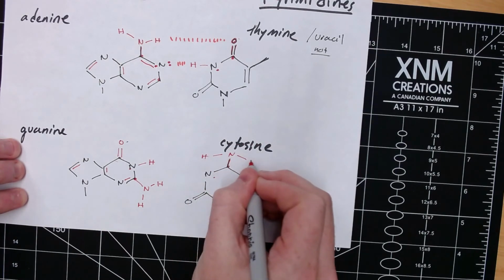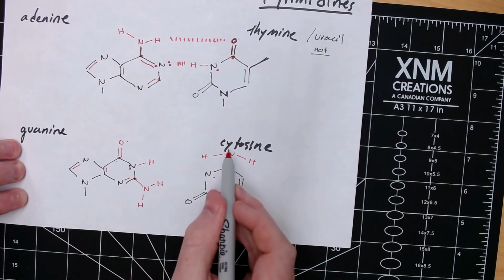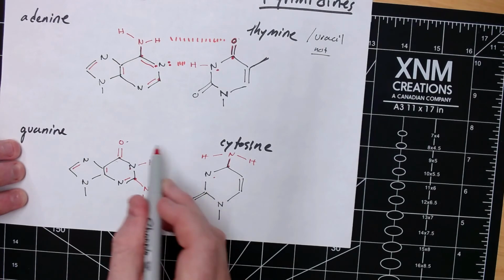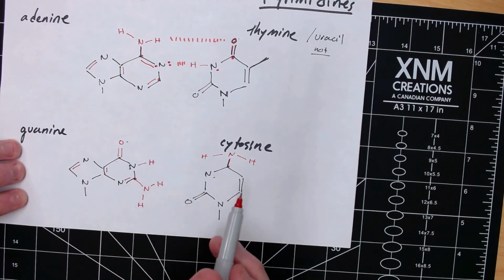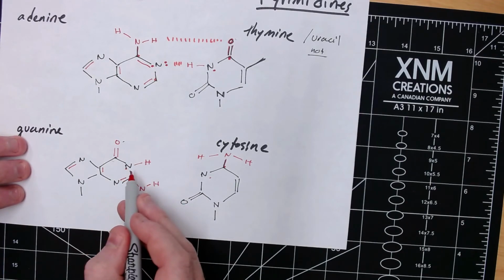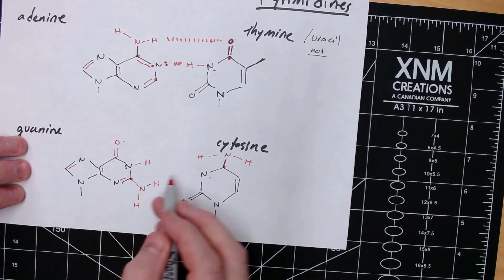an amine group here, because then it can act as a hydrogen bond donor to interact with the carbonyl H-bond acceptor. And similarly, because this nitrogen has a proton, it is an H-bond donor.